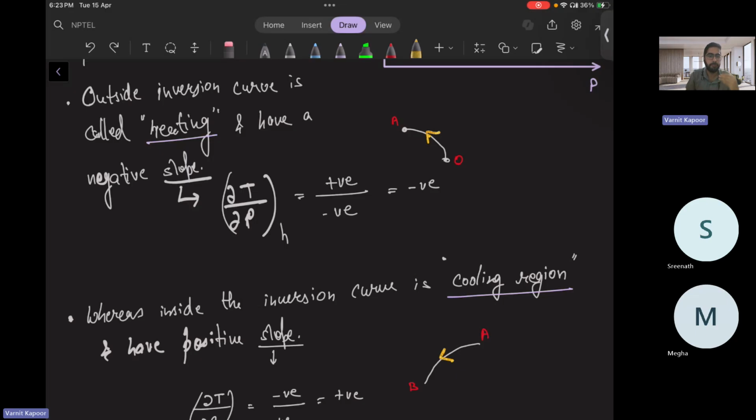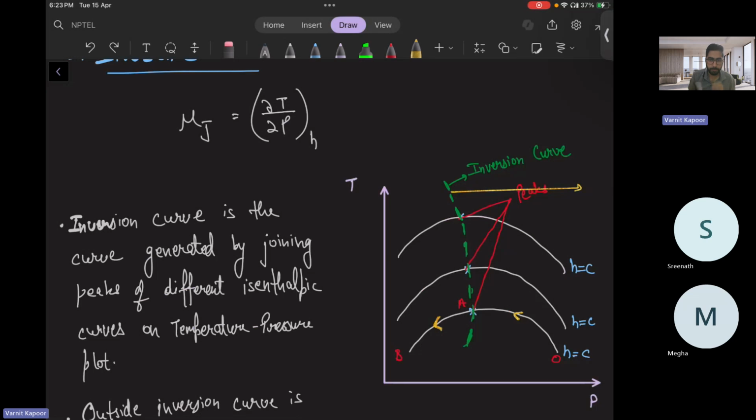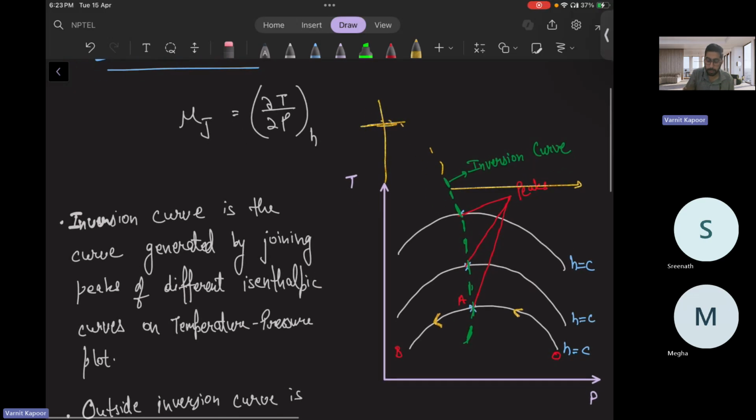Apart from that, you can use different refrigerants, and a refrigerant is effective if its temperature falls inside the region of the inversion curve. Suppose I extend this axis; this is the maximum temperature of the inversion curve, the maximum point of that curve.